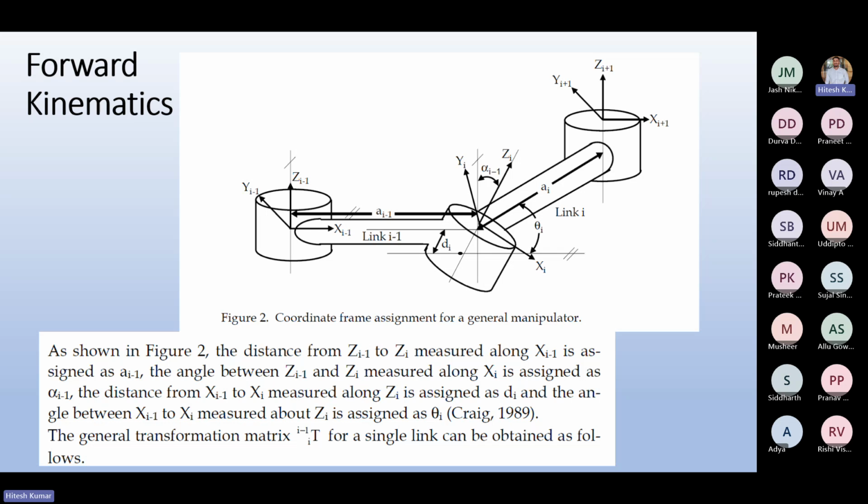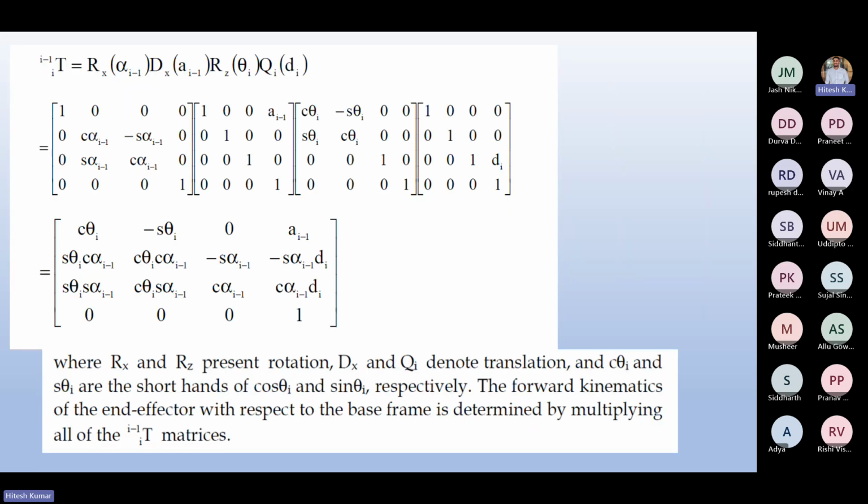We are transforming the ith element with respect to I minus one. So using these matrices for first and second, second and third, third and fourth, fourth and fifth, we'll calculate all the transformations between those links, and then we'll multiply all, from first to last, to calculate the transformation of end effector with respect to base.